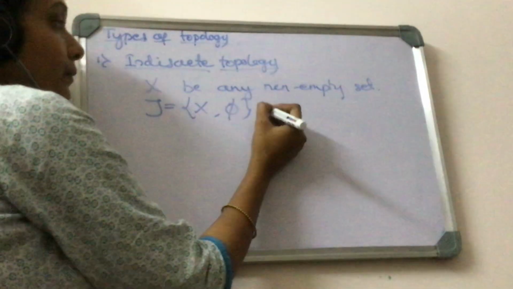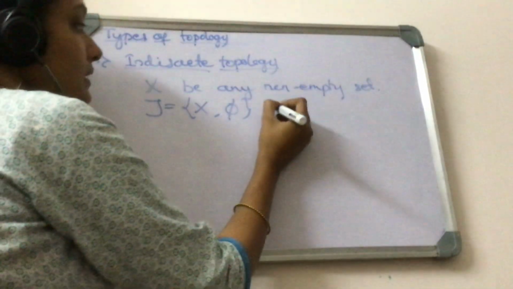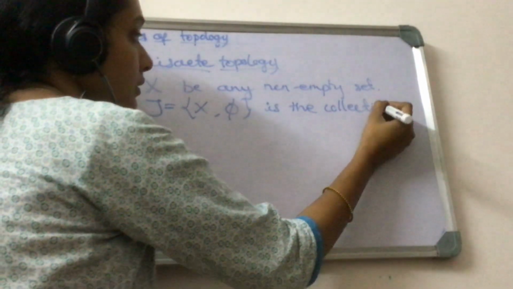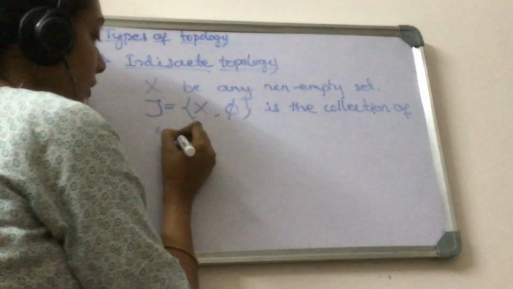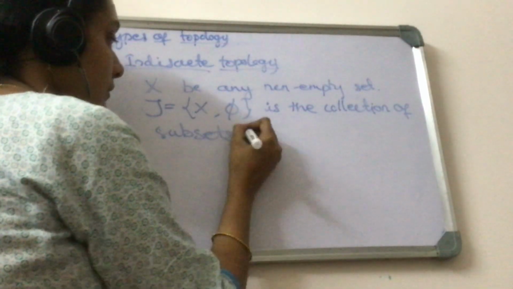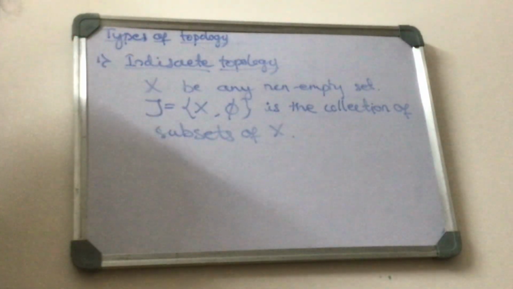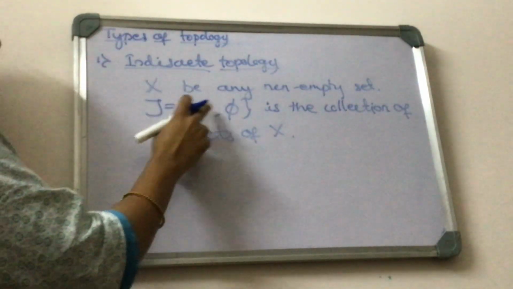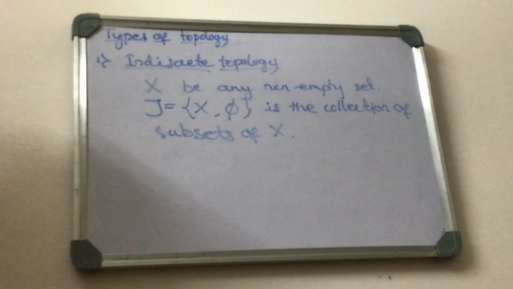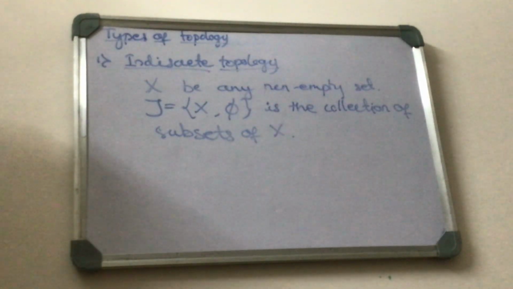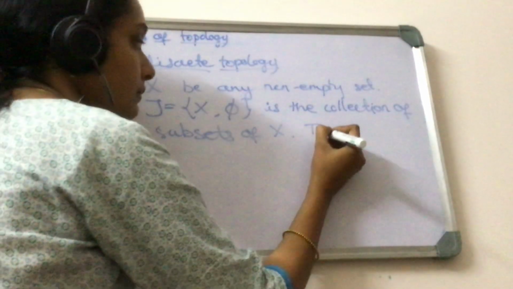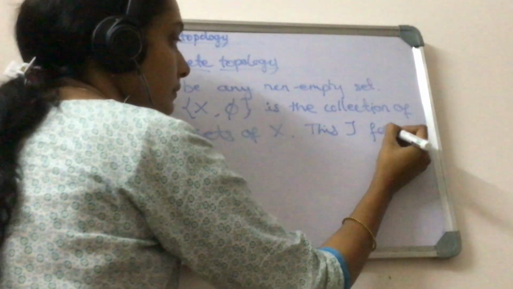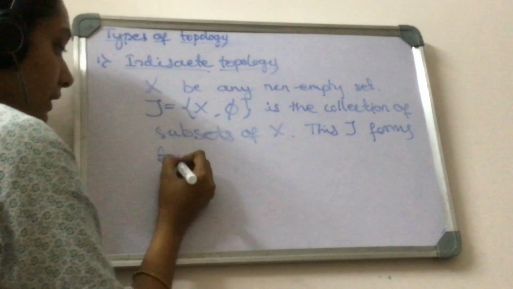Is this the collection of subsets of X? Yes or no? Okay, because X is a subset of itself, phi is a subset of X. So this is a collection of subsets. This also forms the topology on X.